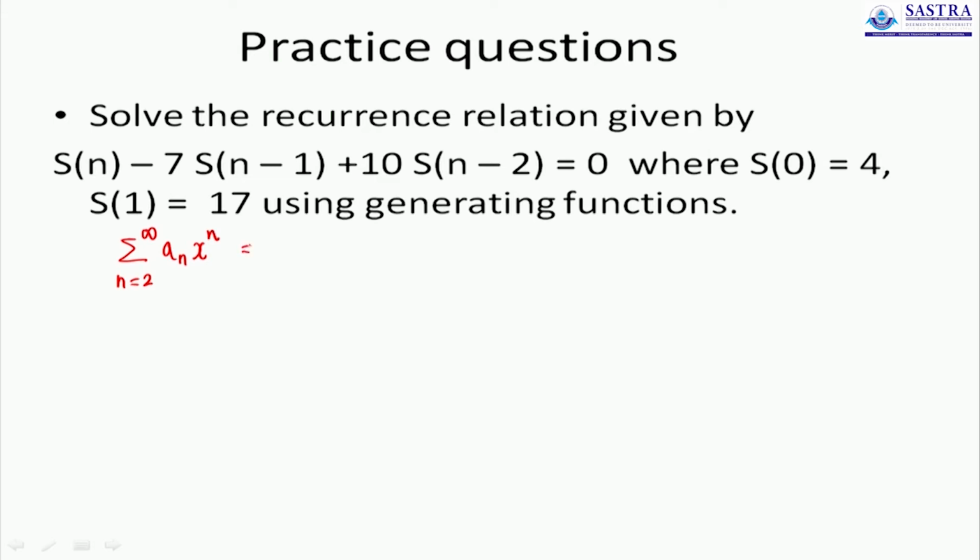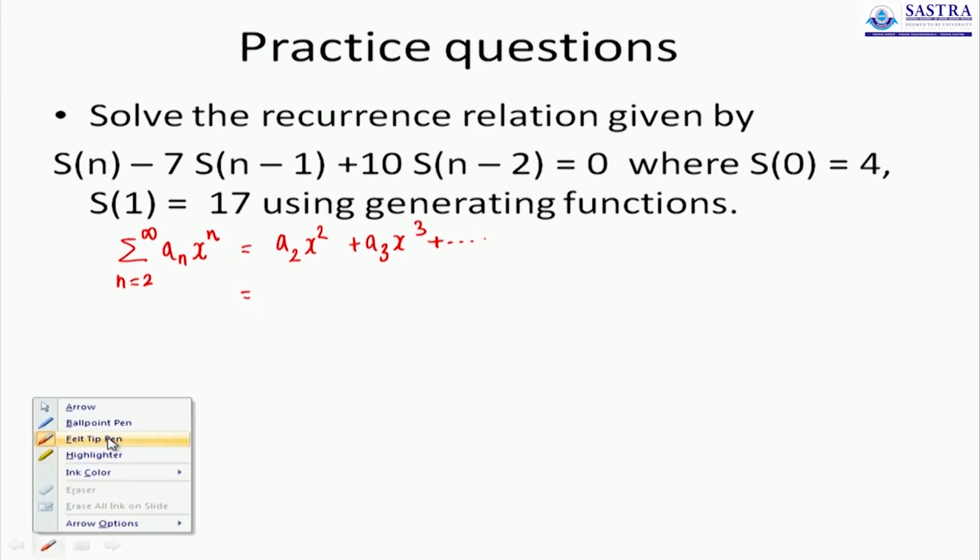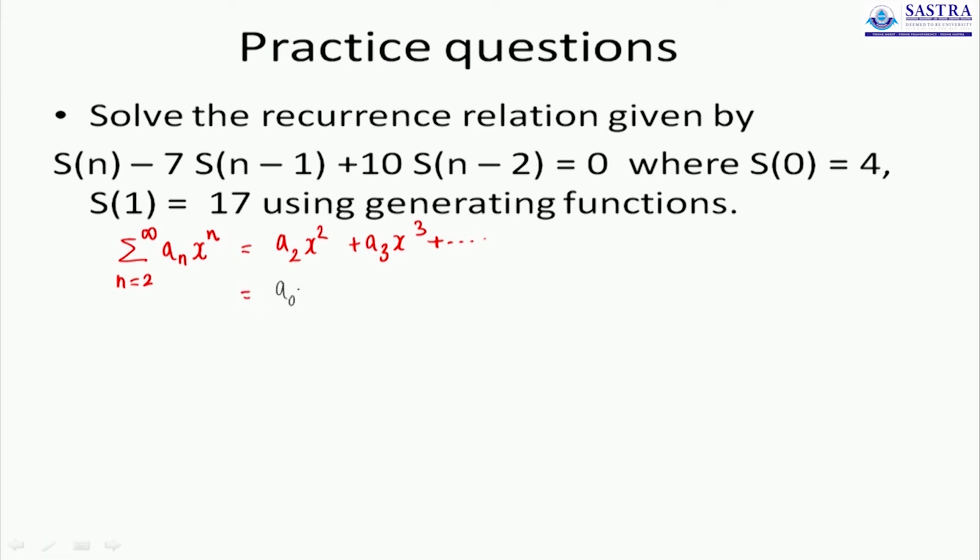Now this is actually a2 x squared, a3 x cube, and so on and so forth. Now you can see that what is missing from here is the first two terms, a naught x power 0 plus a1 x power 1. These two terms are what is missing. So g of x is actually this part.